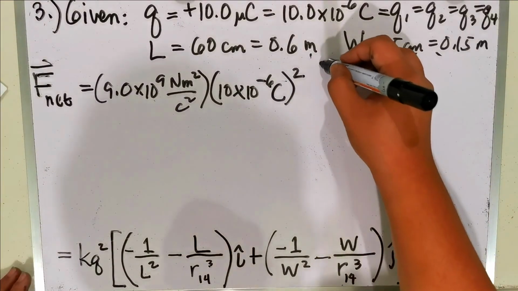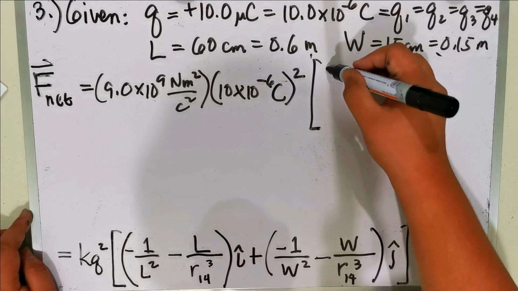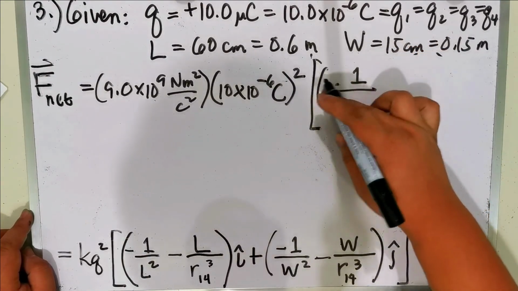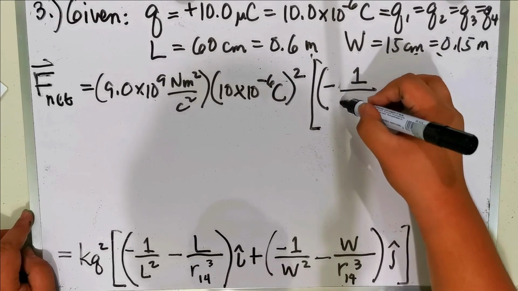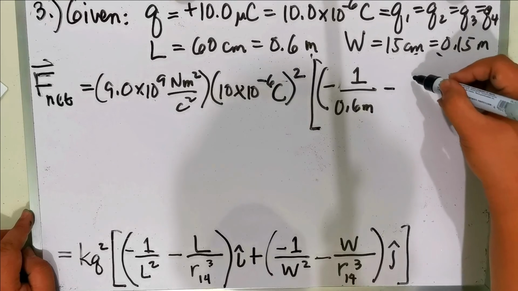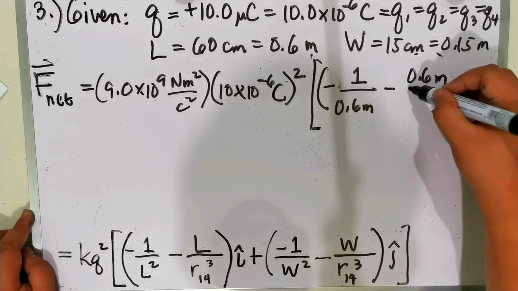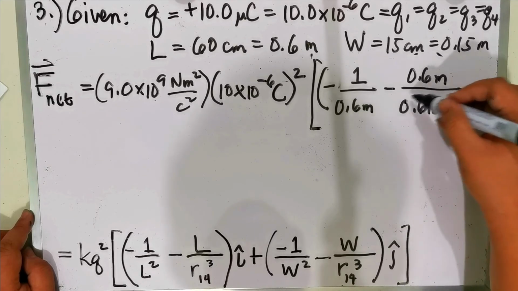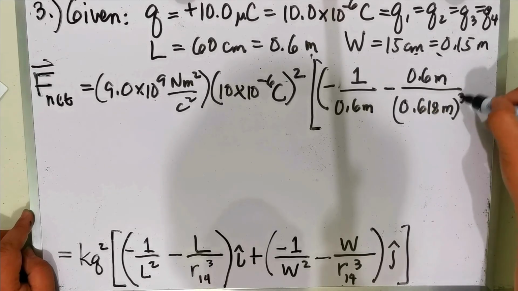times the whole quantity: negative 1 over 0.6 meters minus 0.6 meters over 0.618 meter cube.